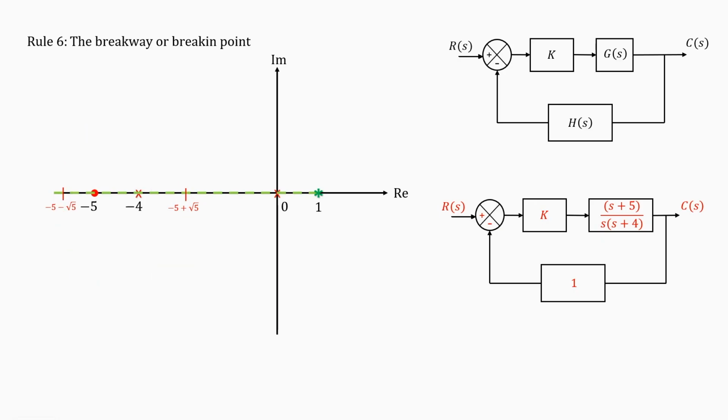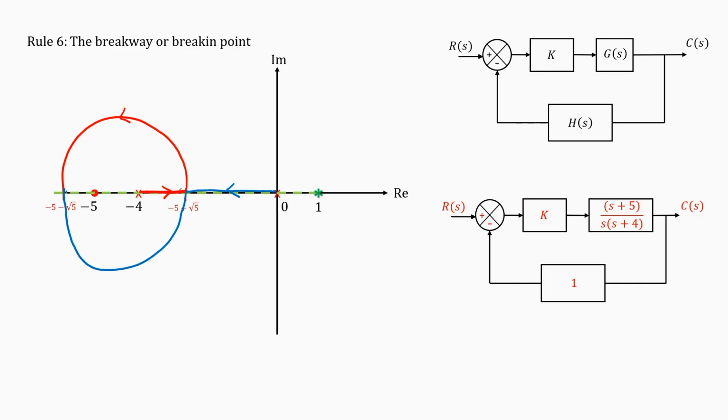Let me draw the root locus now. So, now we know everything. We know that this branch will go in this direction, and this is the branch which will break away from this point at 90 degrees. This comes out and comes inside this. And the other branch, let me see if I can get a different color, maybe a blue color, is coming like this, will go like this, and then will come like this.